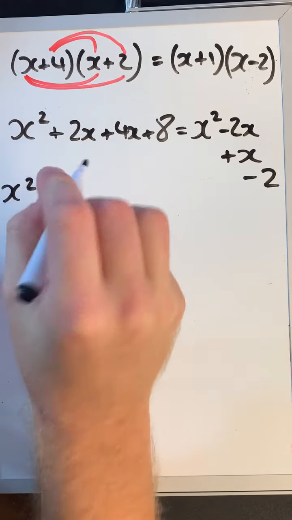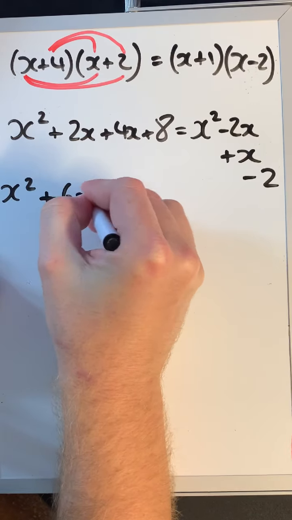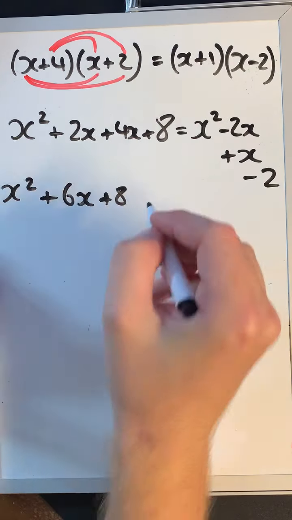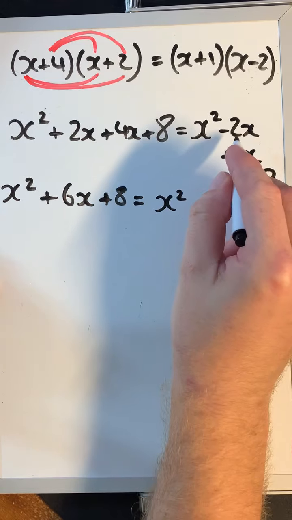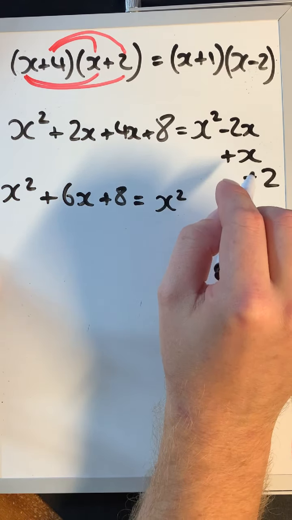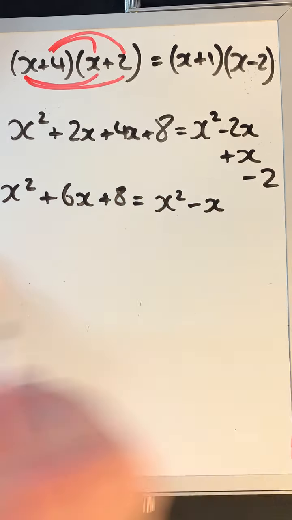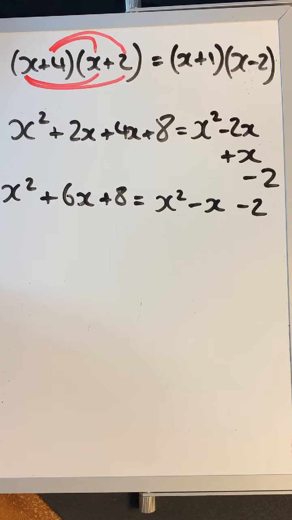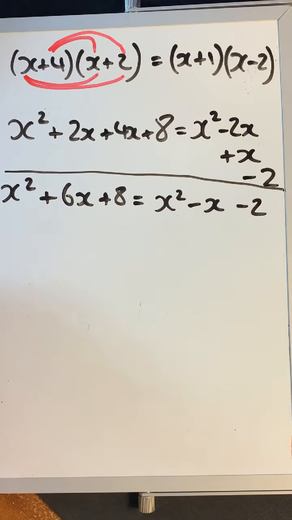So on the left hand side then, 2x plus 4x will give us a 6x plus 8, of course. On the right hand side, we've got x squared, and then minus 2x plus 1x. So that'll give us minus 1x, so minus x. And of course, we've got the minus 2 left over on the right hand side. So if I draw a little line there so that it looks a bit clearer.